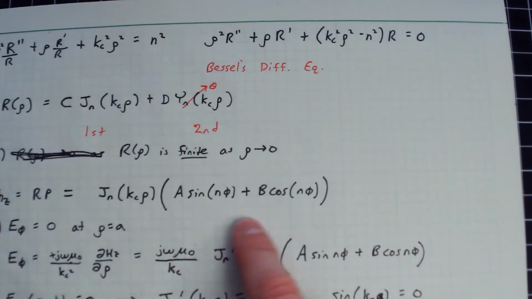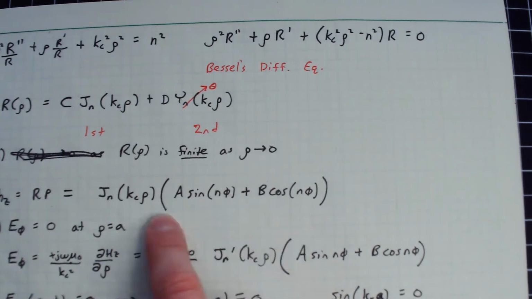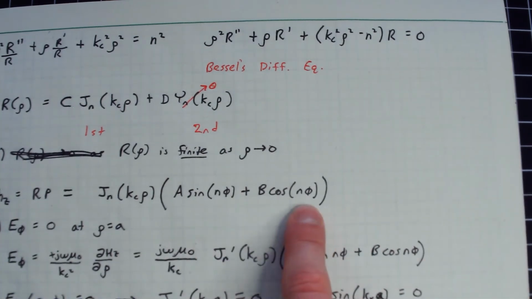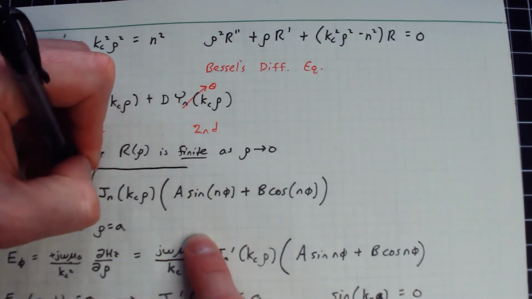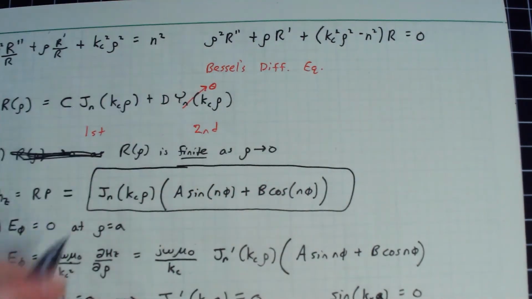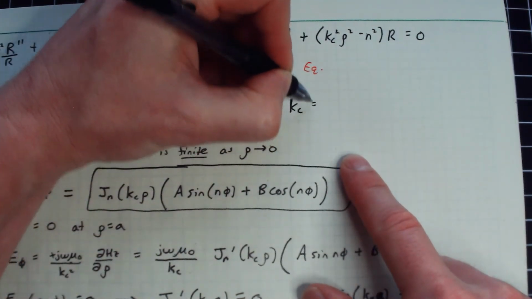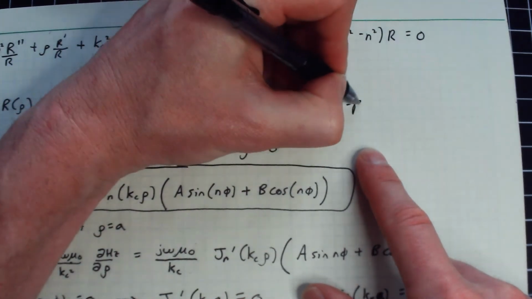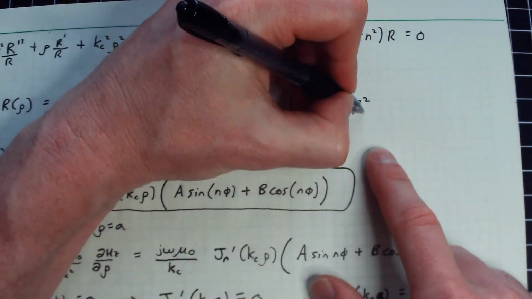Okay, so at the end of the day, I still have this A and B, and that's okay. These are going to correspond to even and odd symmetries around my waveguide. But that is my solution at the end of the day. So remember now, k sub c squared is equal to k naught squared minus beta squared. There's going to be an n and an m corresponding to these.